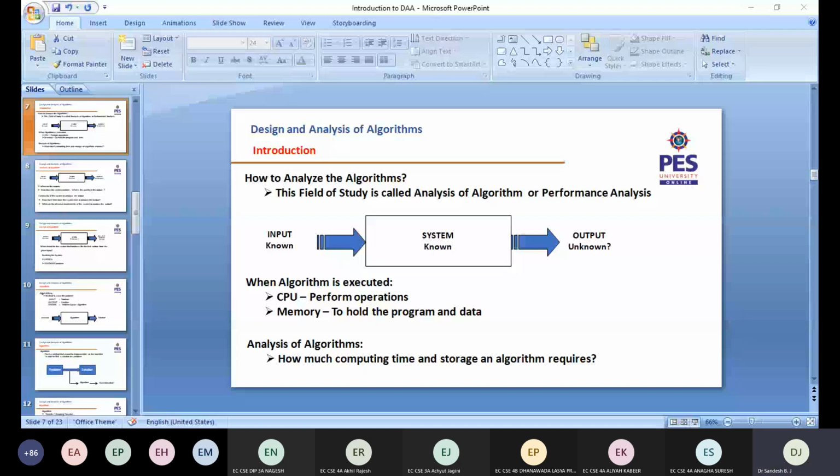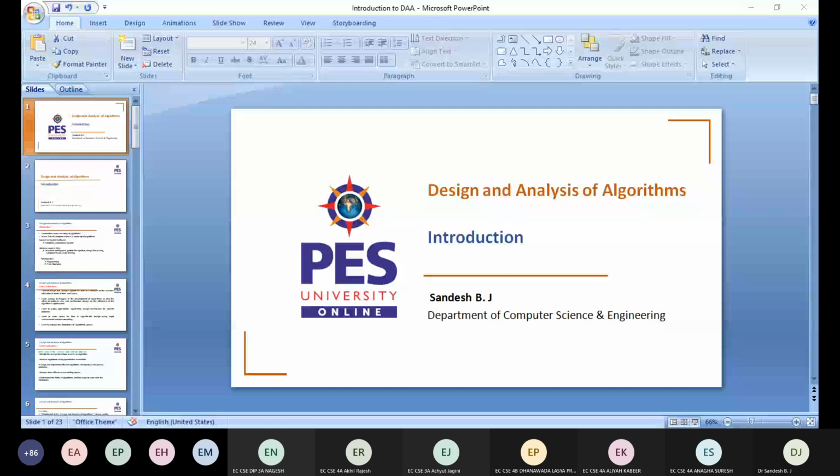Good morning, everyone. Welcome to the course on design and analysis of algorithms. This is a foundation course on the study of algorithms. As you all know, most of computer science is made up of algorithms. If you consider core courses like system software, it includes compilers and operating systems.